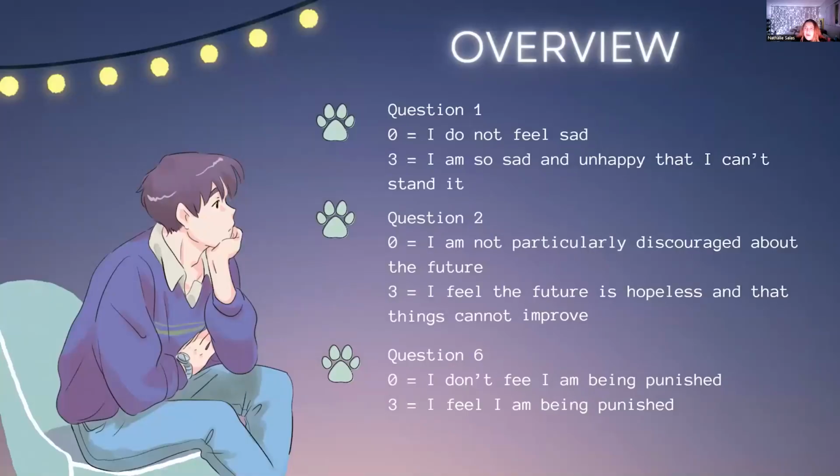And then for an overview, just to give an example of some of the questions, for question 1, I just put the lowest score and the highest score. So 0 being I do not feel sad, 3 being I am so sad and unhappy that I can't stand it.